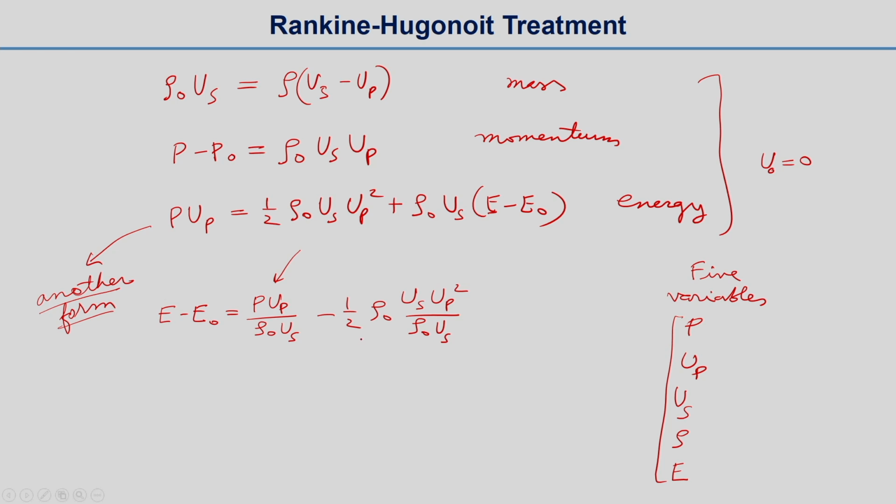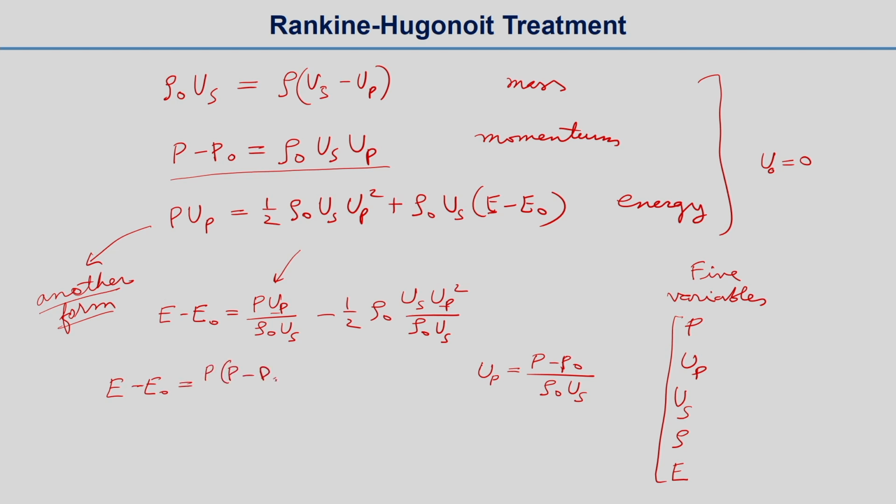From the conservation of momentum, we got that Up is equal to (P minus P naught) divided by rho naught Us. If we substitute Up, that will give us E minus E naught.